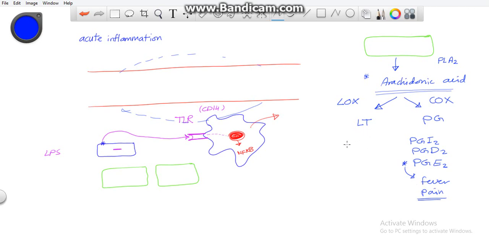Now, the leukotrienes. We have different types of leukotrienes: leukotriene C4, leukotriene D4, leukotriene E4, and leukotriene B4. Those three, C4, D4, and E4, also mediate increased vascular permeability.